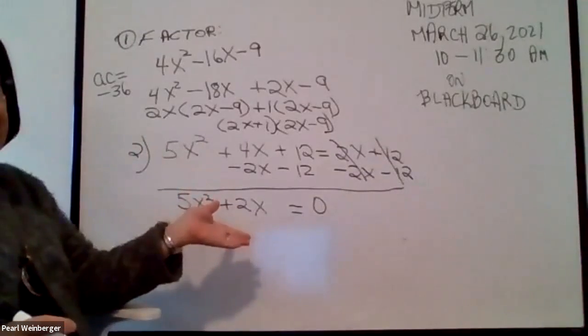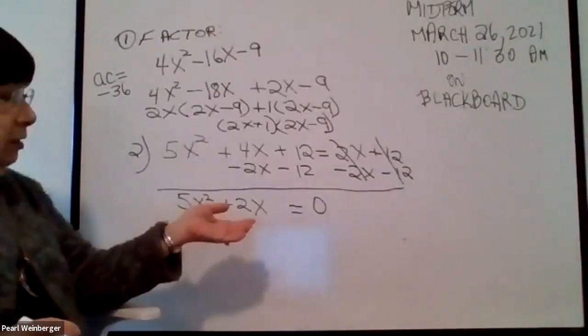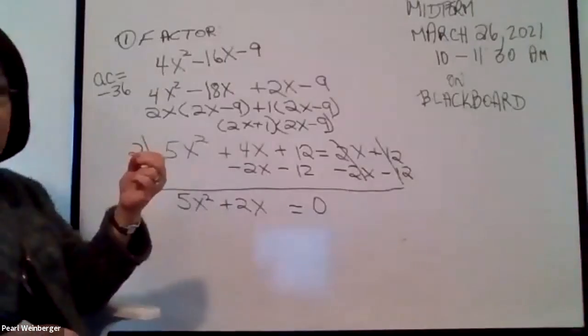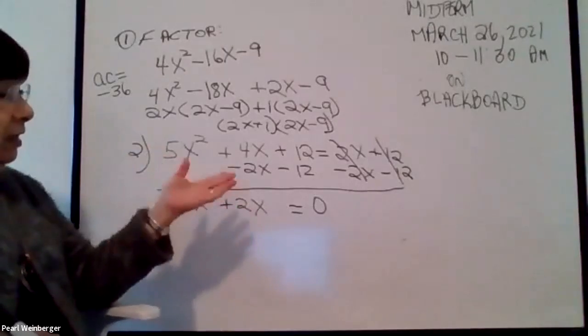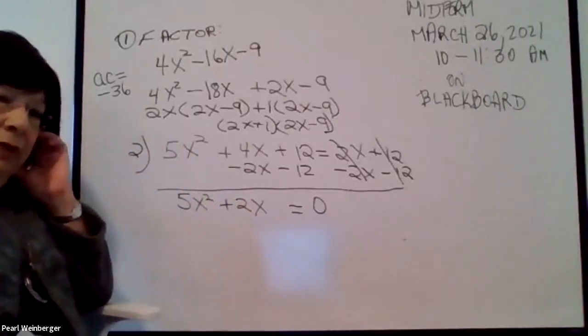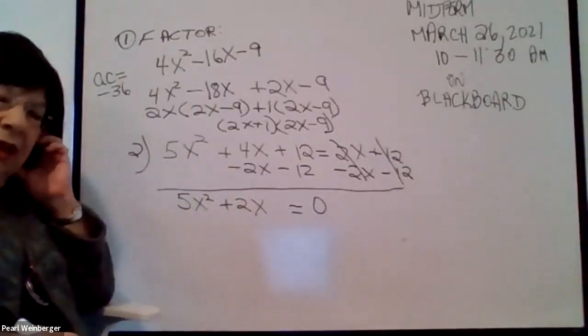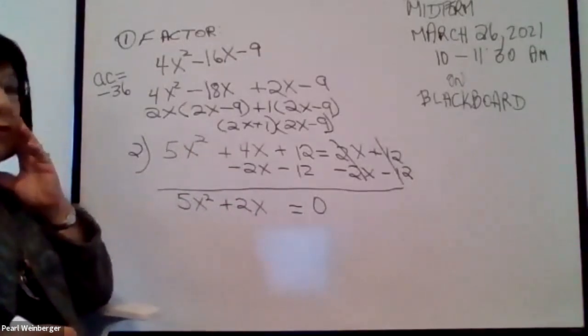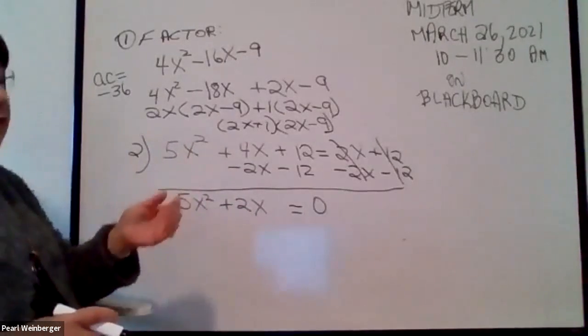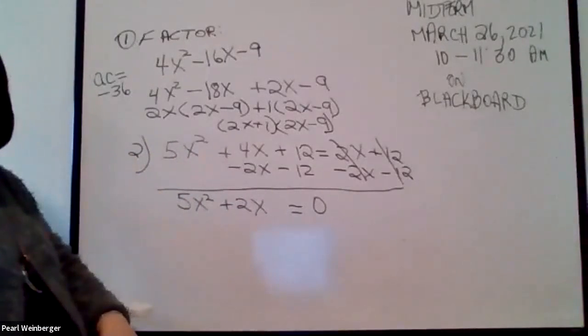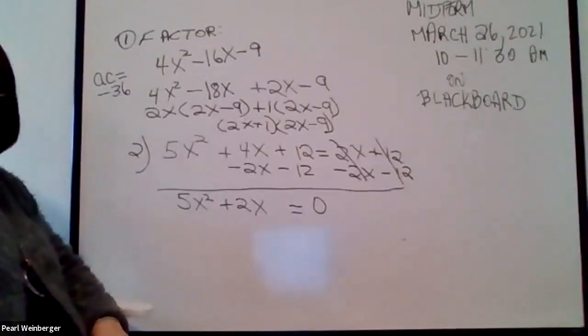What's different about this than a regular quadratic? The fact that we only have two terms. We usually have a trinomial, and here we only have a binomial. But it doesn't matter. We do the same process. We have to factor. What kind of factoring can you do? Anybody see any kind of factoring that could be done here?